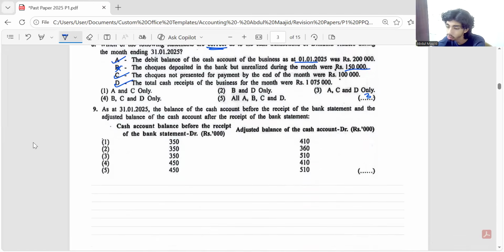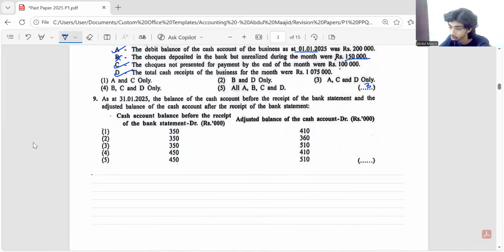You can find it through the bank reconciliation statement. We'll prepare the adjusted cash control. Now here they are asking the cash account balance before the receipt of bank statement, so the balance of the cash account before the adjustment. That means they're asking the BBF in the adjusted control account.